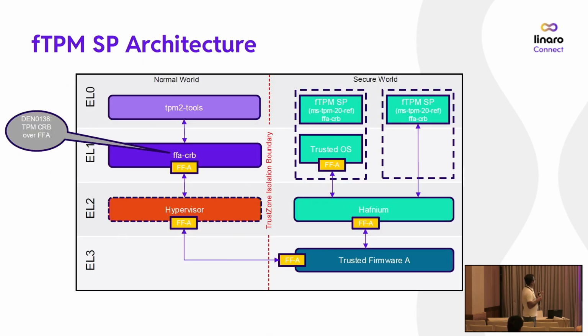So now let's have a look at the different components involved with fTPM SP. So we have TPM2 tools running at EL0. TPM2 tools is a comprehensive set of integration tests which ensures that the TPM commands like random number generation or key creation or NV storage or attestation are fully supported and are compliant to the TPM 2.0 specification.